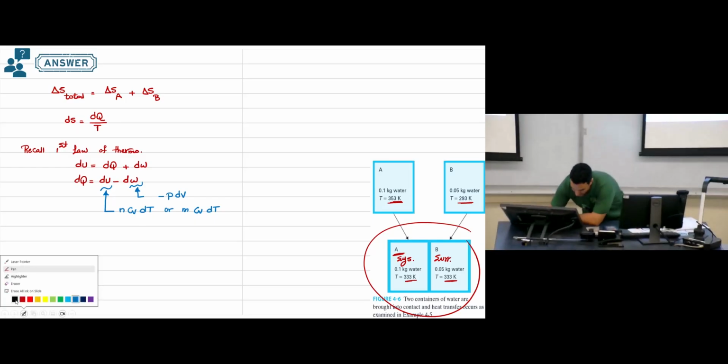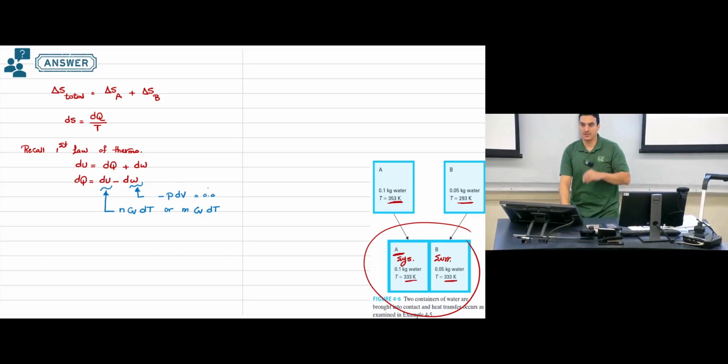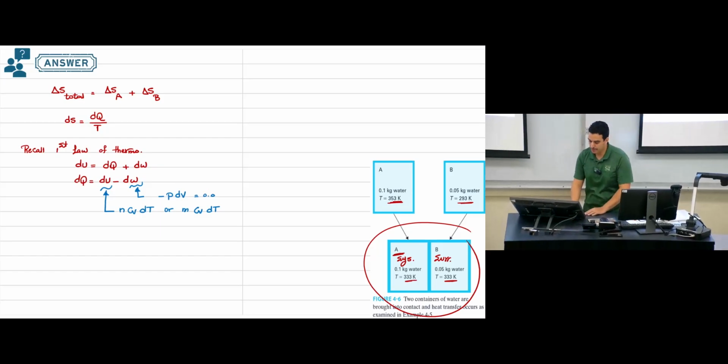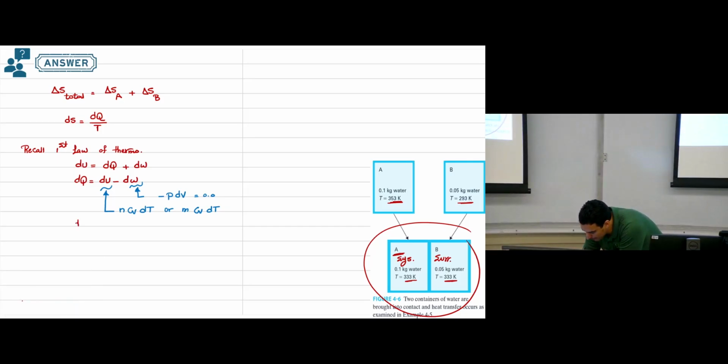So we can say that the work will be 0, because we don't have any changes happening in the volume, a constant volume process. So we can say that dq is n Cv dT or m Cv dT.